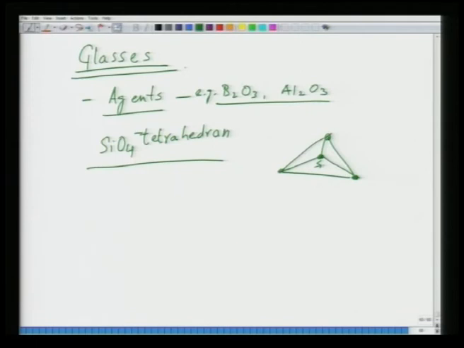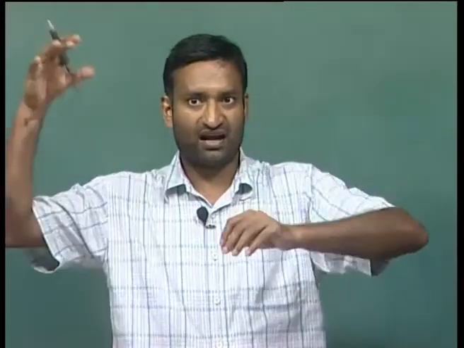So, they attach themselves to the ends of these tetrahedra, reducing their corner connectivity. A lot of these tetrahedra hang around in the 3D space just with the loose ends. As a result, they do not have an interconnected structure, and they tend to have lower melting point or softening point.